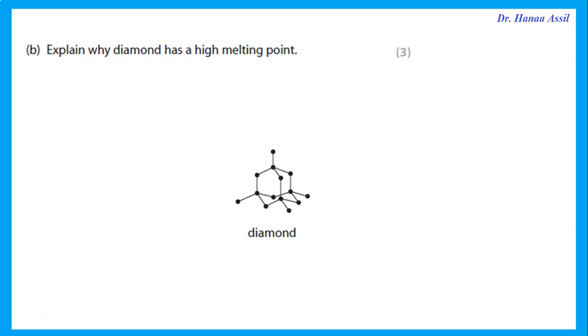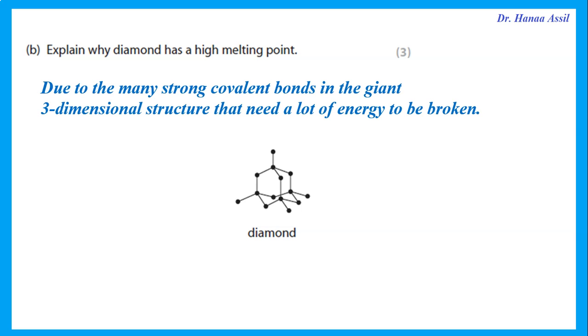Explain why diamond has a high melting point. Remember, if we say diamond or graphite, this applies to both of them. Both of them have a high melting point due to what?